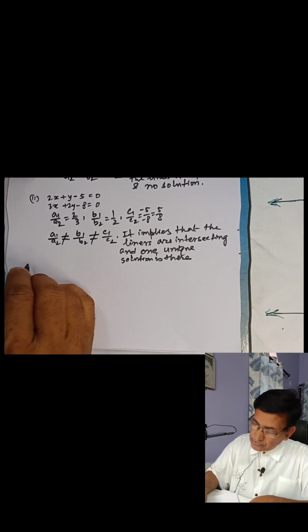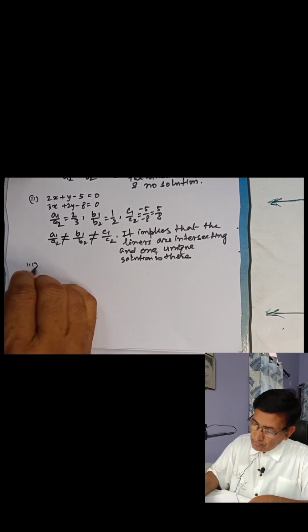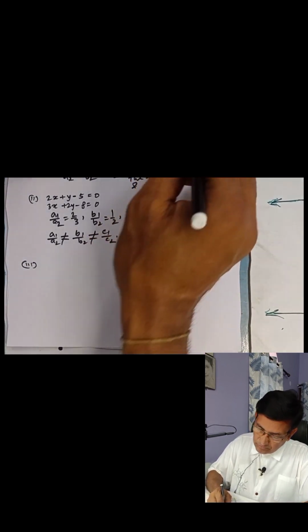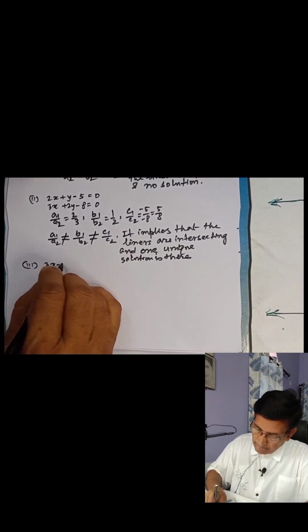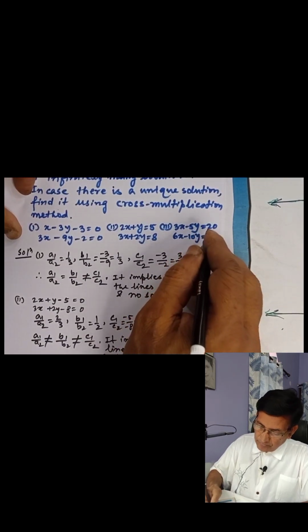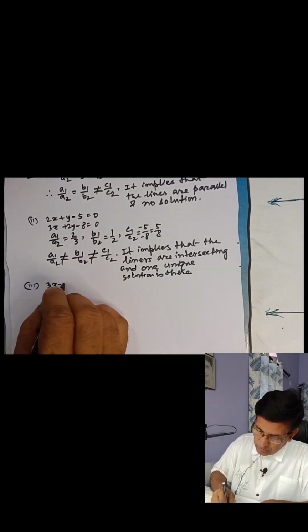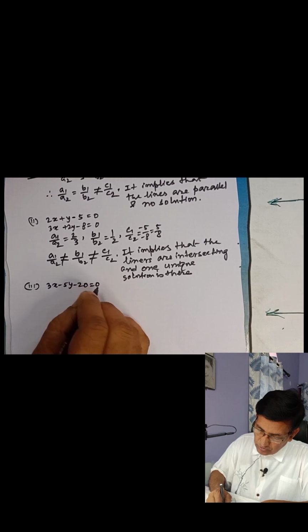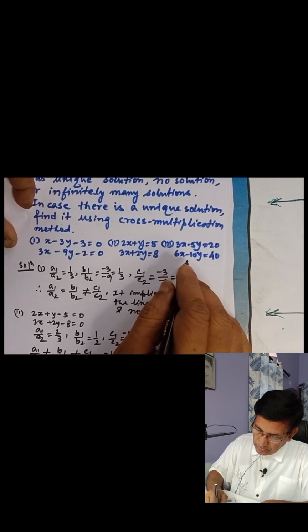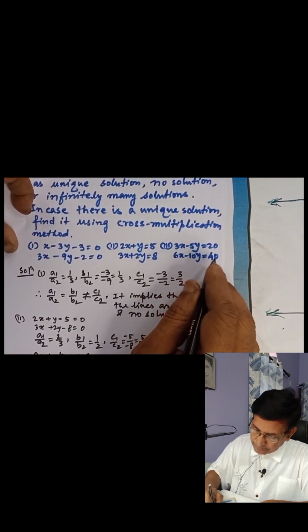So 3. x minus 5y minus 20, 6x minus 10y minus 40.